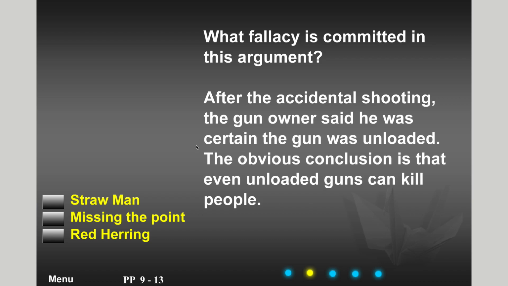Because this is not what follows. What follows from this is that the owner who thought it was unloaded was mistaken. If you said the obvious conclusion is the gun owner is mistaken, that would be a proper argument. But you missed the point. The point of this is not that unloaded guns can kill people. The point of this is that clearly the gun owner was mistaken.